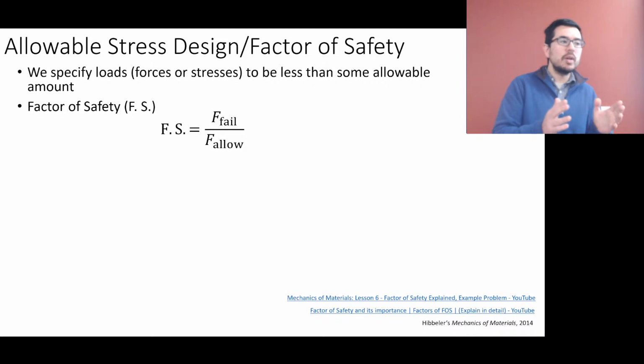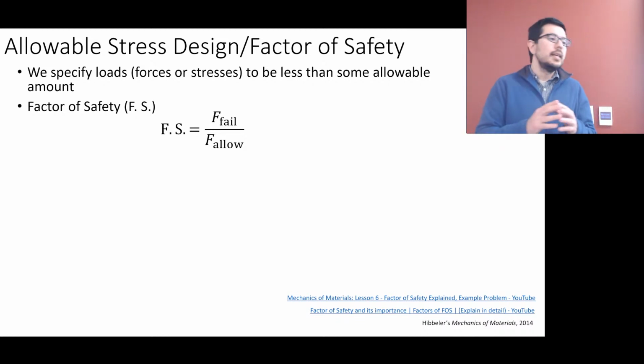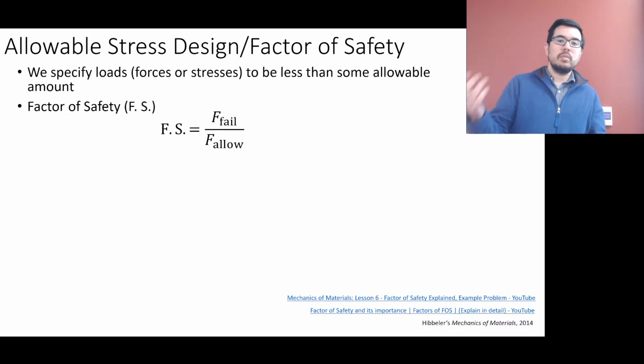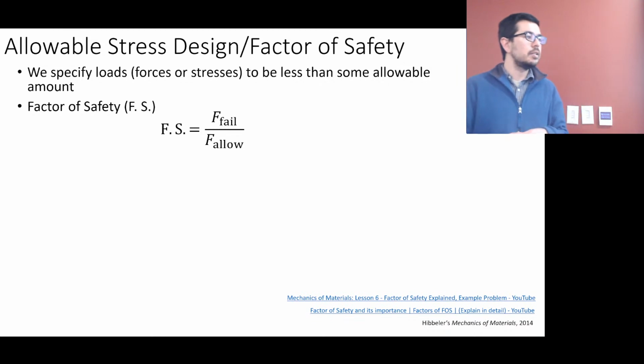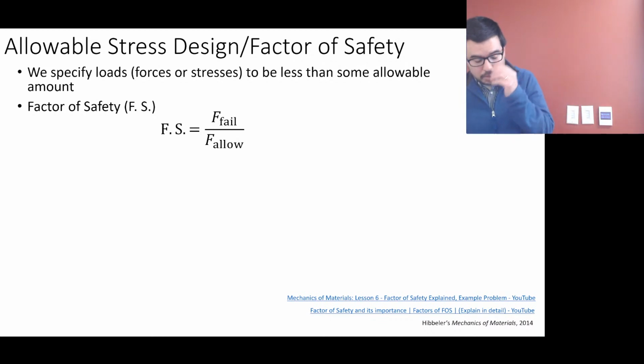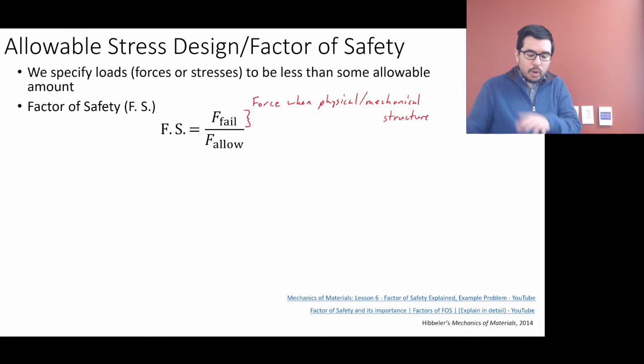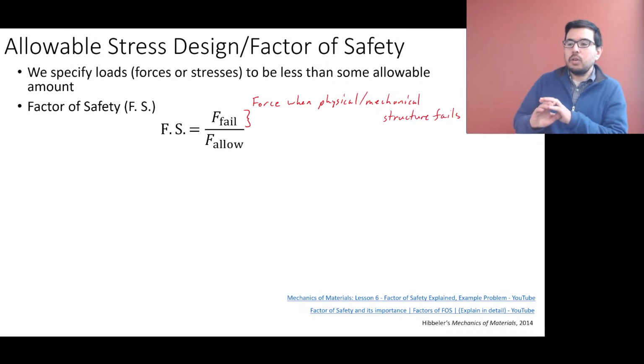Okay, we can call them stresses, moments, torques, we can call them loads. You can put thermal strain on something, that would be a load as well, or apply a prescribed strain, that would be a load as well. But one definition is to say, I calculate when my structure will fail.